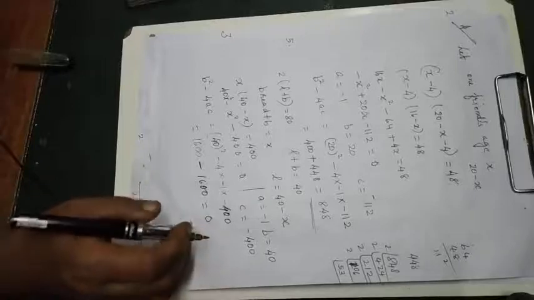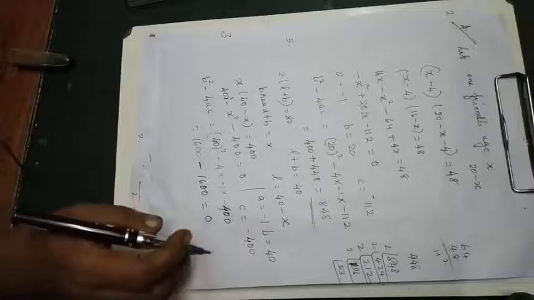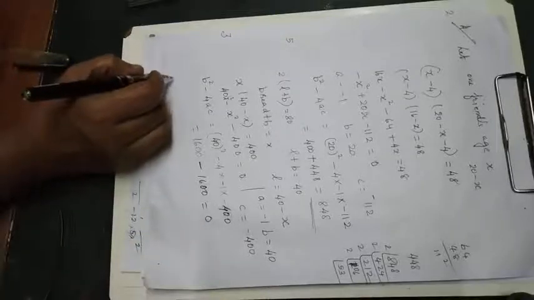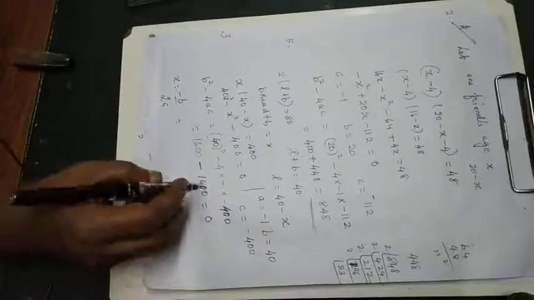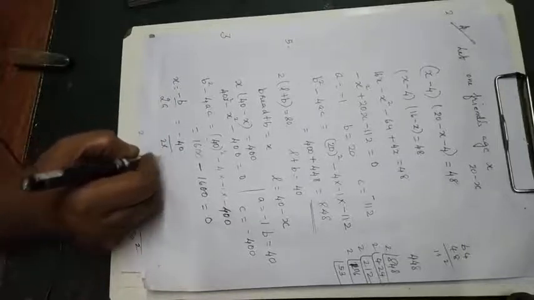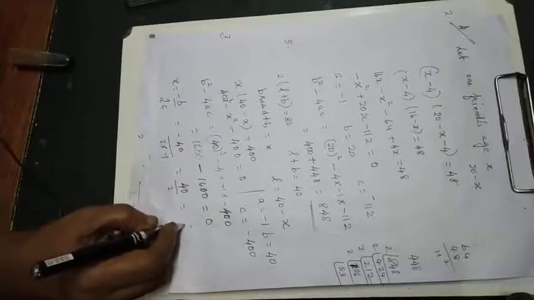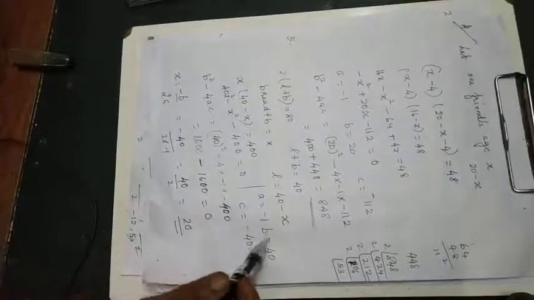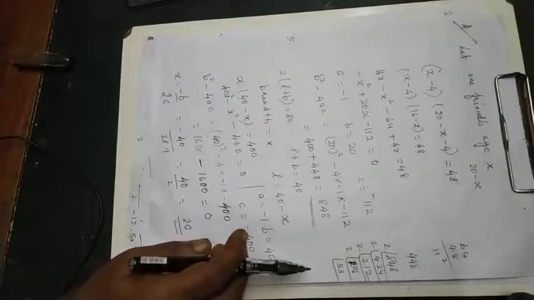So b square minus 4ac equal to 0. That means you will get equal real roots, where the x value will be equal to minus b by 2a, that is minus 40 by 2 into negative 1, that is positive 40 by 2, that is 20. So breadth is equal to 20 and the length is also 20. So it will not be a rectangle, it will be a square.